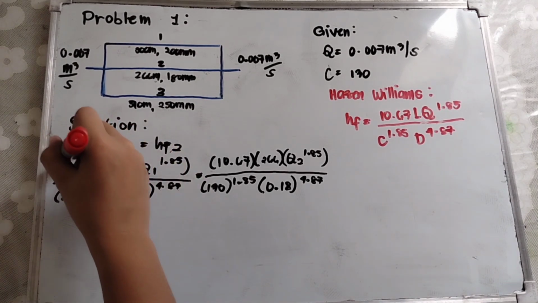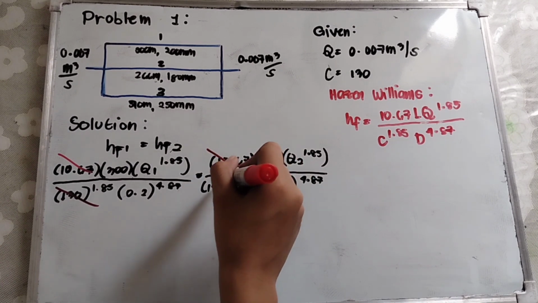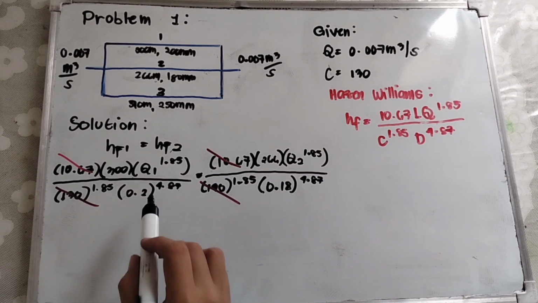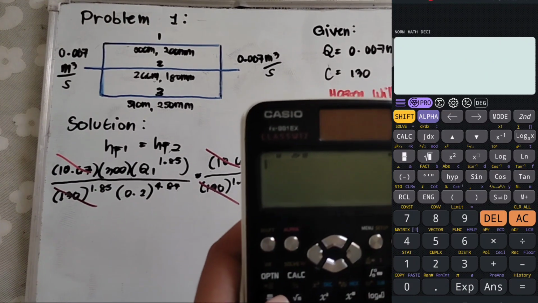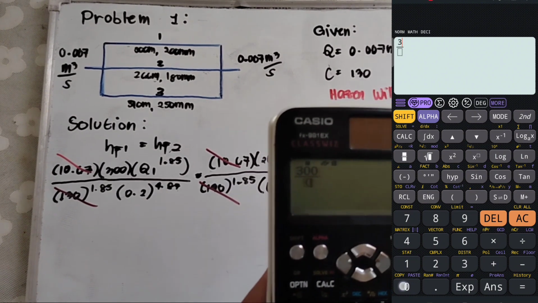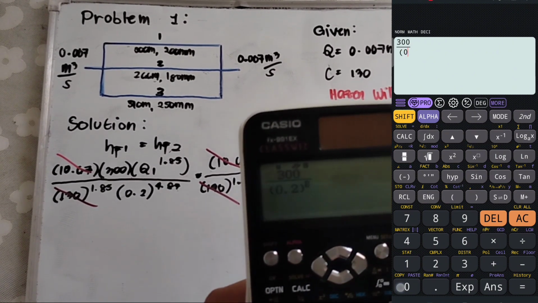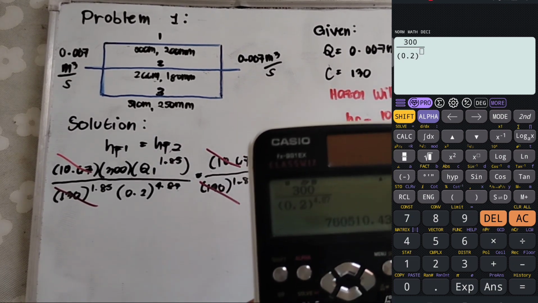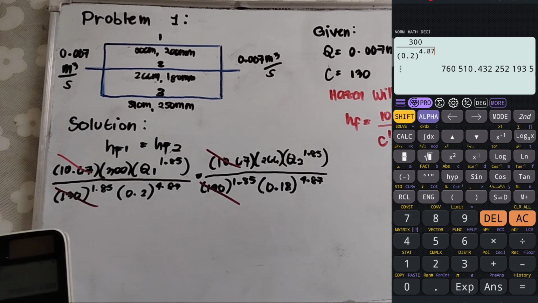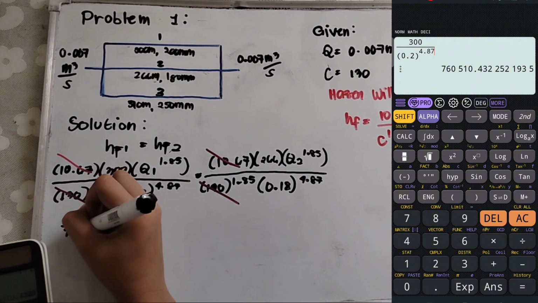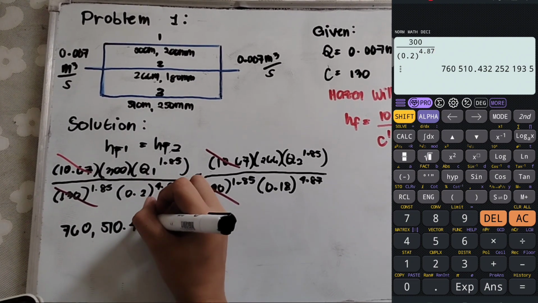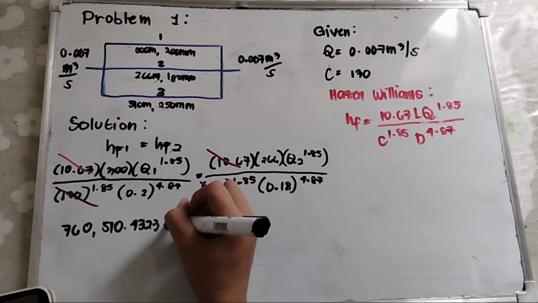Now we can cancel out the constant, which is 10.67, and the Hazen-Williams coefficients on both sides. We can simply divide the length over the diameter, in which we have 300 meters over 0.2 meters raised to 4.87, and we have a value of 760,510.4323 Q sub 1 raised to 1.85.